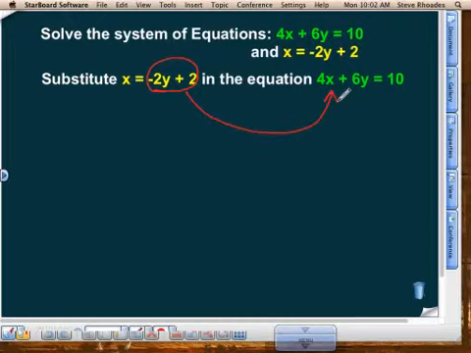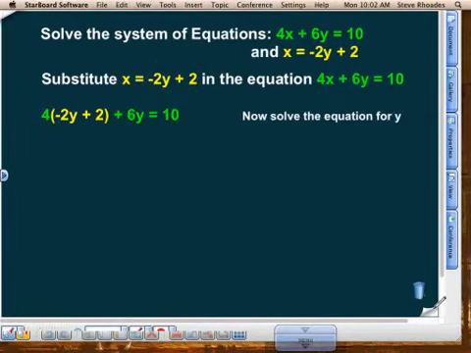Because x is equal to negative 2y plus 2, I can put negative 2y plus 2 in place of x in that other equation. So let's work this out carefully. Now I have 4 times, in parentheses, negative 2y plus 2, then plus 6y equals 10.